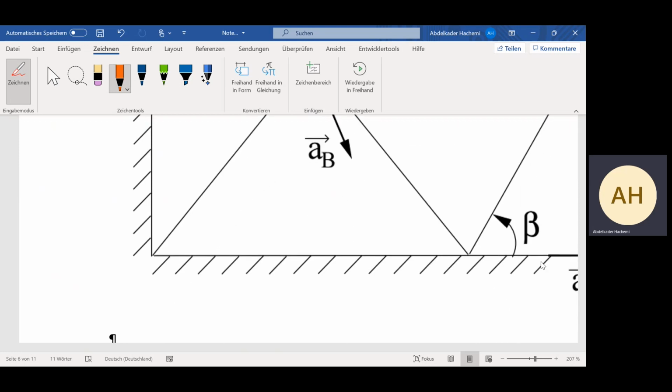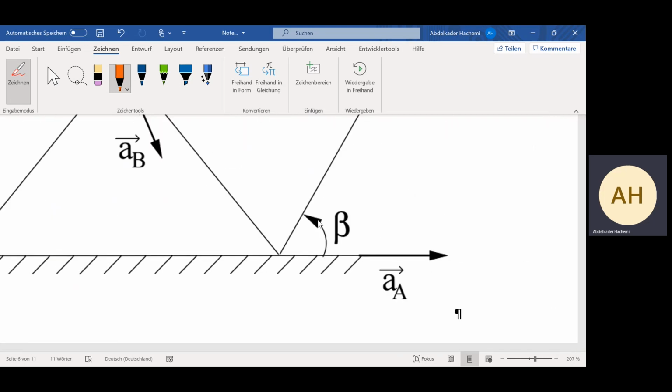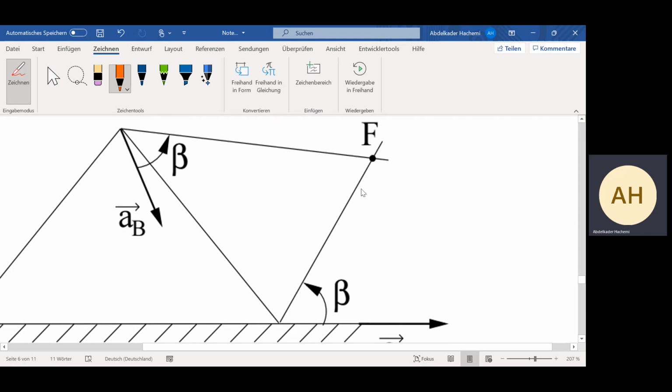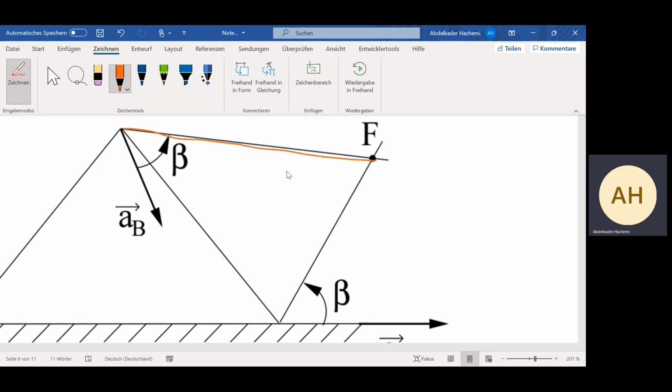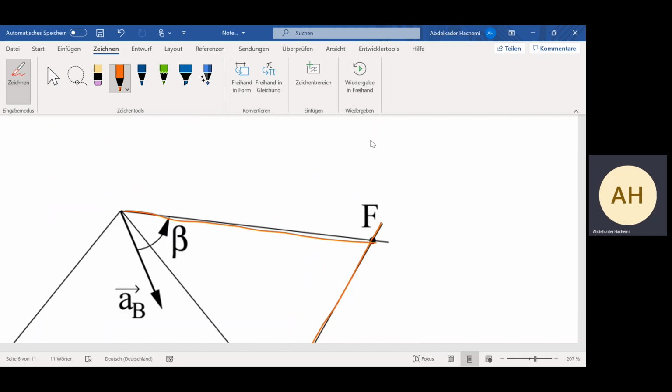From the second point here, where we have AA, the same, we rotate with the same angle beta. Then we draw the line, and the intersection of this line with this line will give the instantaneous center of acceleration. We note it by F.